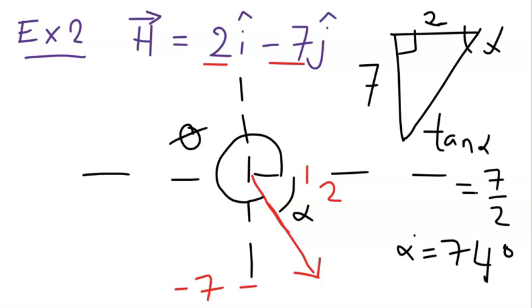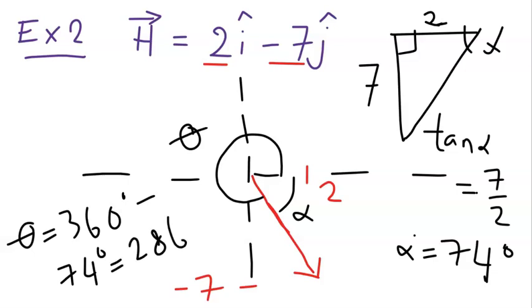Now what does that mean? That means theta is 360 minus 74, which is 286 degrees. So this is the direction of vector h. So as you can see, if you are given magnitude and direction, you can calculate components, and likewise if you are given components, you can calculate direction and magnitude of a vector.